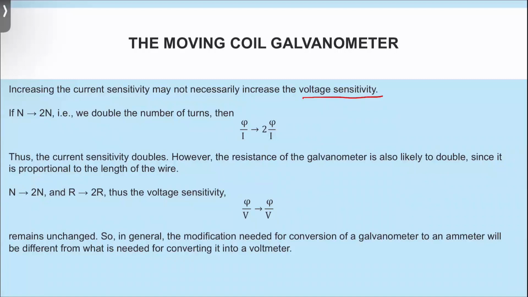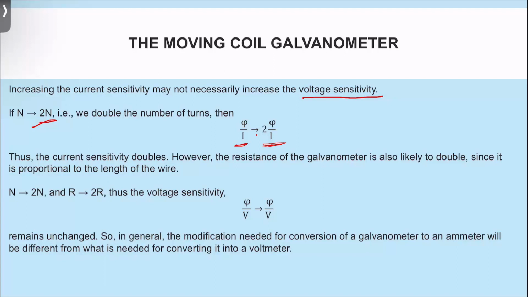We can see this by saying that we increase the number of turns, like we double it. Then the new current sensitivity will be twice the current sensitivity of when we were using only n number of turns. Now we can say that the current sensitivity doubles.